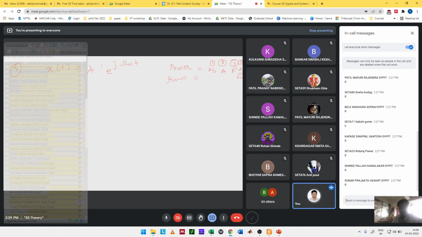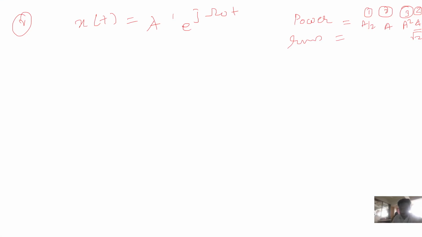Confusing? Should I solve it? Okay. So power is going to be limit t tends to infinity 1 upon 2t integration minus t to t, and here mod of x of t square dt. This is the general equation I had written.